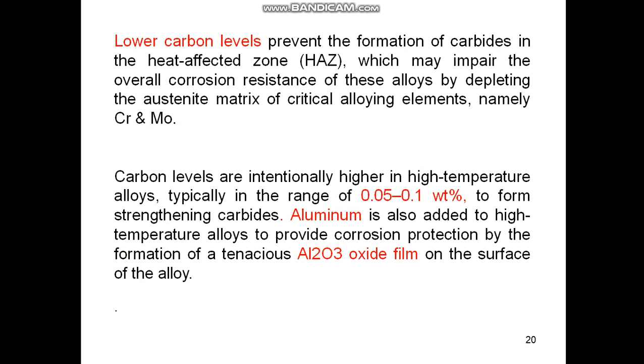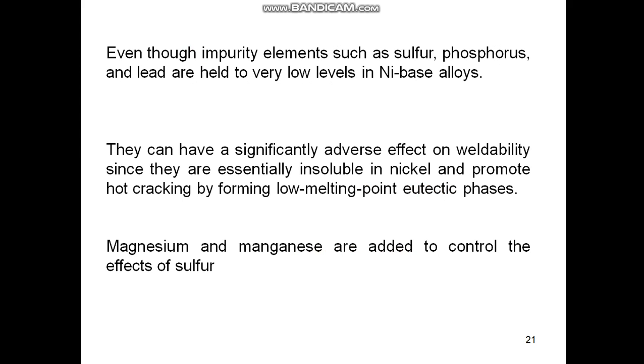Carbon levels are intentionally higher in high temperature alloys, typically in the range of 0.05 to 0.1 weight percent, to form strengthening carbides. And aluminum is also sometimes added to high temperature alloys because aluminum provides Al2O3 oxide films on the surface of the alloys.